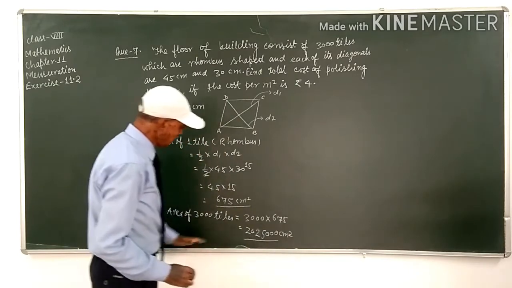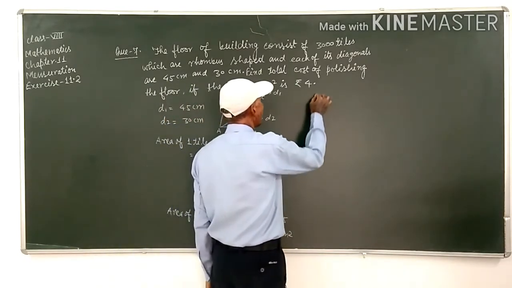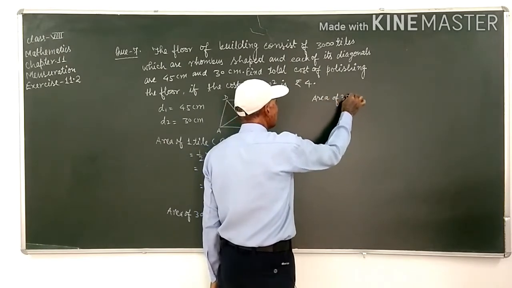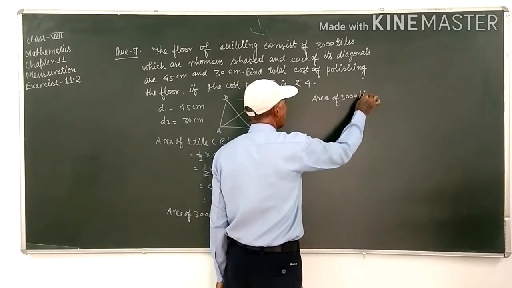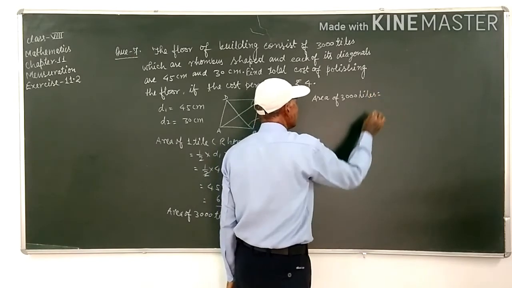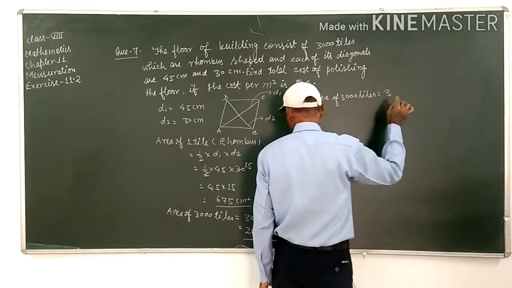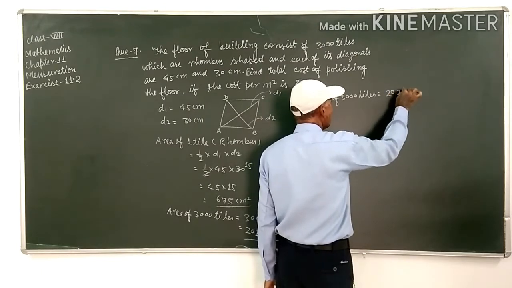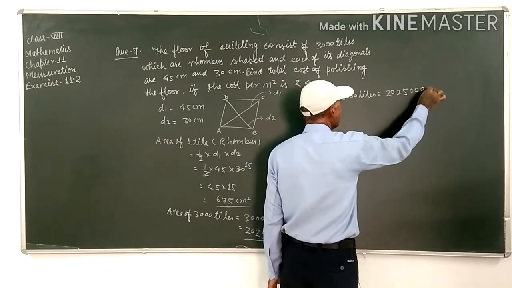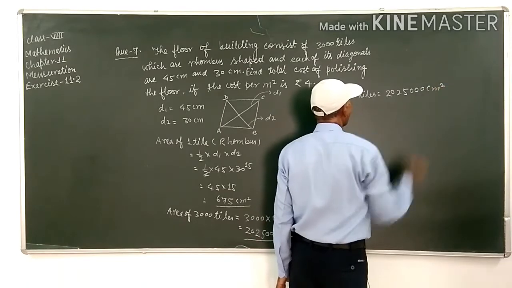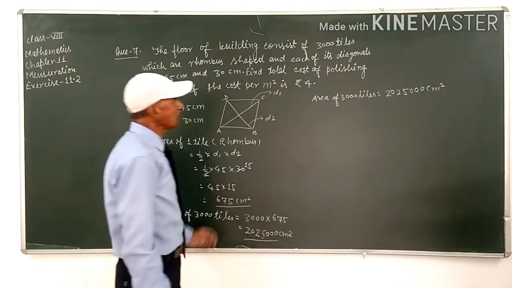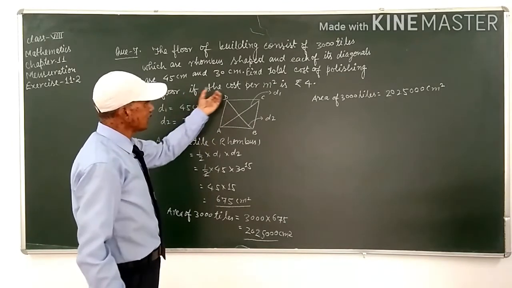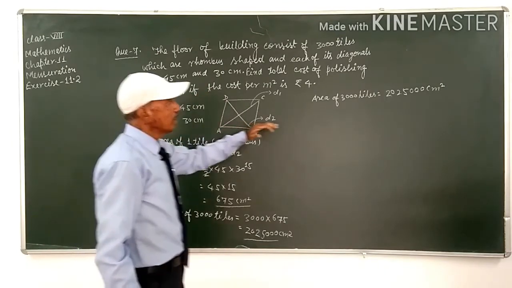Clear, student? So the area of 3000 tiles is equal to 2025000 centimeter square. Students, we have to find out the total cost of polishing the floor, and the area of the floor is the area of 3000 tiles.